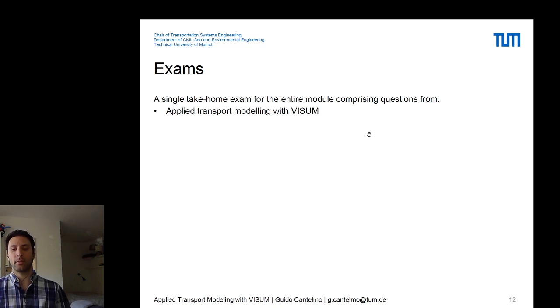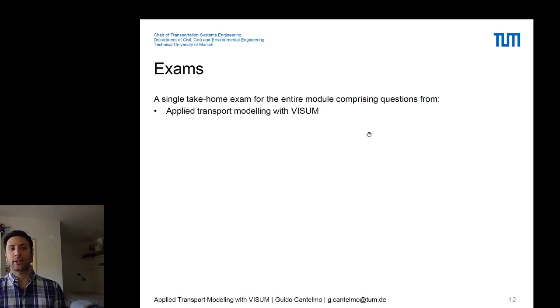Because basically you will be asked to go from the very beginning, from the input data, to the output and to scenario analysis. The difference between this exam and, for instance, another exam about planning transportation systems is that most of the input data will be provided to you. So we are not going to ask you to look for the data, look for statistics. We are going to provide you most of the data, and you are going to be asked to work with Visum mostly.